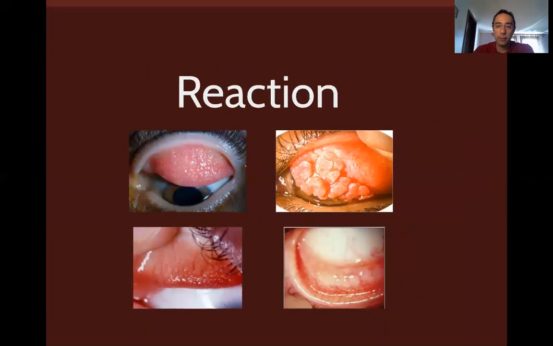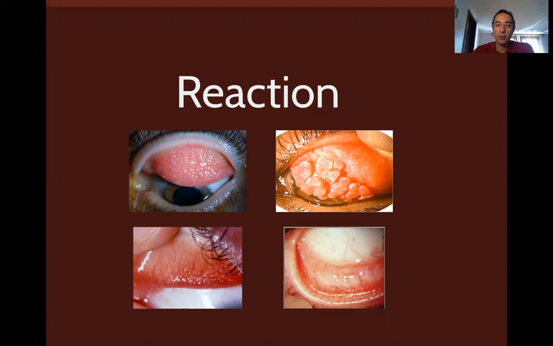The inflammatory reactions of the ocular surface can be seen on the palpebral conjunctiva. The upper palpebral conjunctiva is seen in these pictures, and on the lower right-hand corner, you can see the lower palpebral conjunctiva. The one on the upper right-hand corner of the slide is showing a papillary reaction.